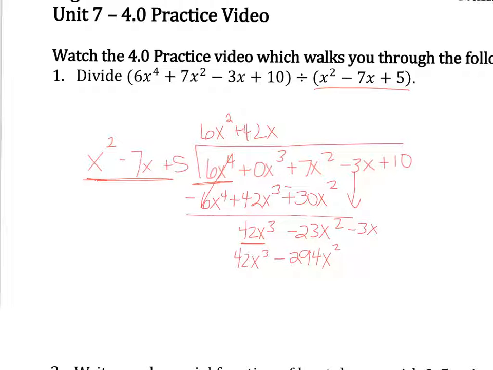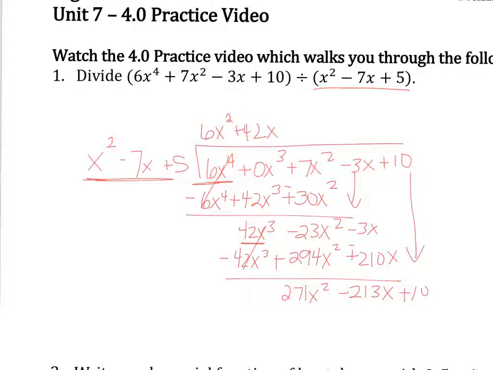And 42x times 5 is positive 210x. Then we're going to subtract, so we change all of our signs. These cancel, and we're left with 271x squared minus 213x, and we're going to bring down this plus 10.